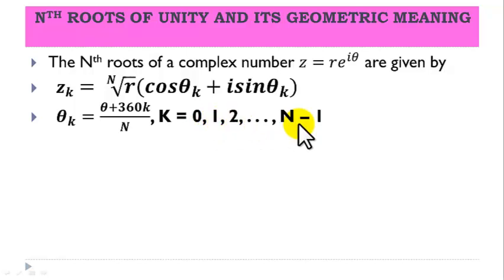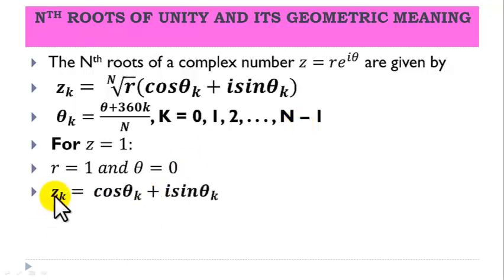Now, for z equal to 1, r is equal to 1 and theta is equal to 0. So our nth root of unity are now given by the formula zk equal to cos theta k plus i sin theta k. That is when you put r equals 1 here. We have the nth root of 1 is 1.